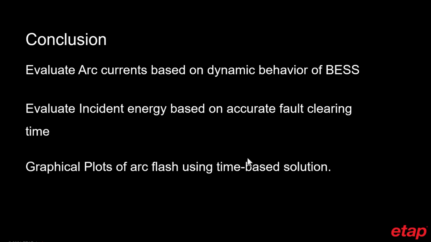And these graphical plots would be of great use to help you determine whether the correct arc flash label is already in place based on considering these dynamics and the transient arc flash behavior.